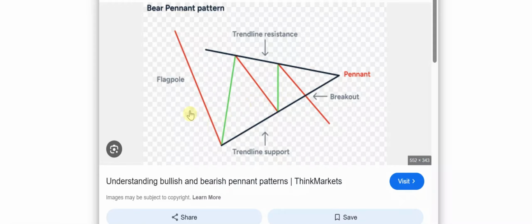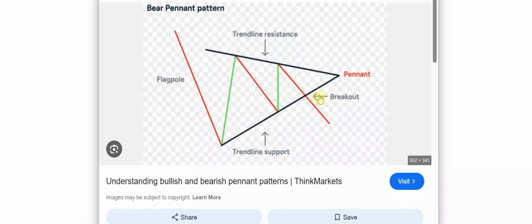If you watch here, you will see a flagpole. I will use our Boy Scout days as an example. Before you mount a flag, it must have a pole. There must be a pole for you to be able to hang your flag. So this is a pole, and the reactions show this is forming a continuation pattern.